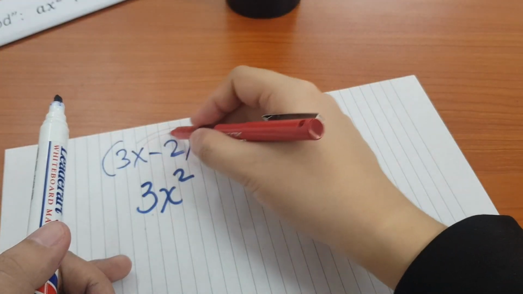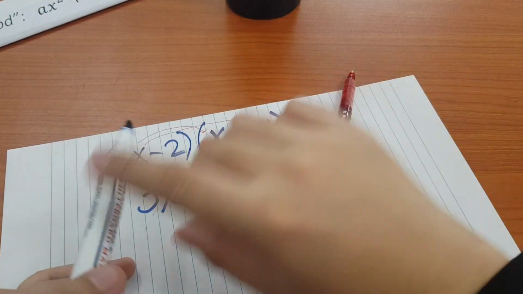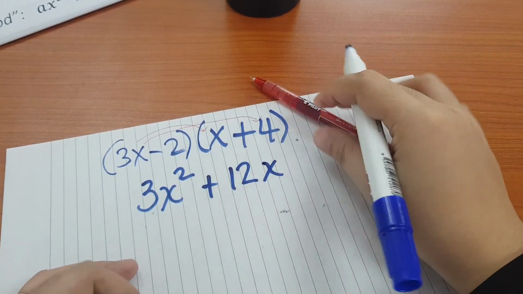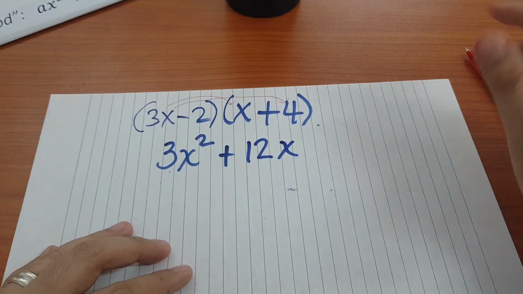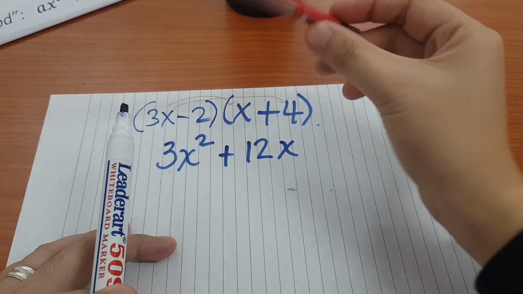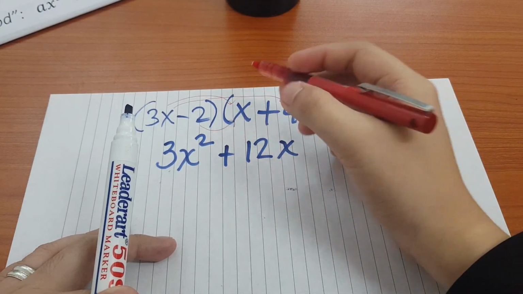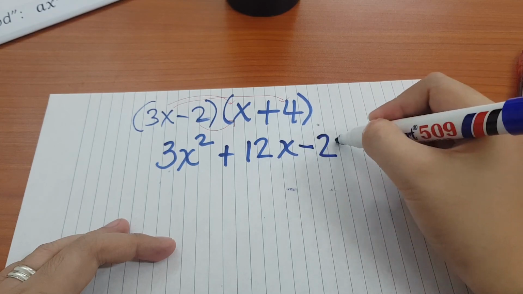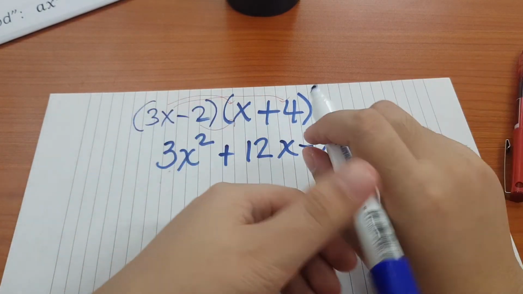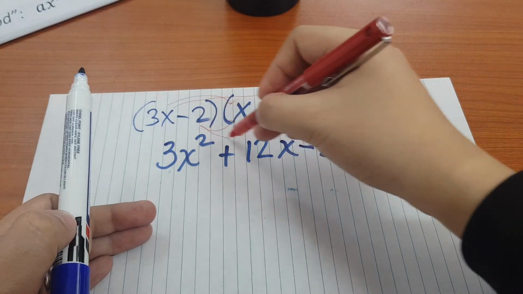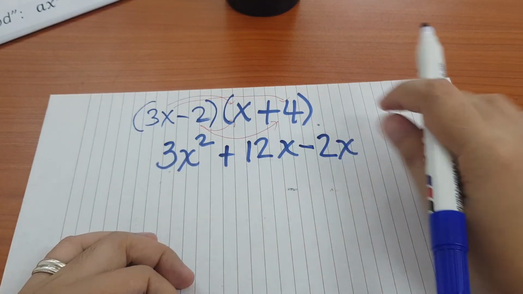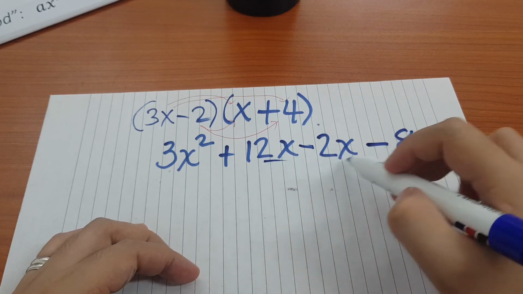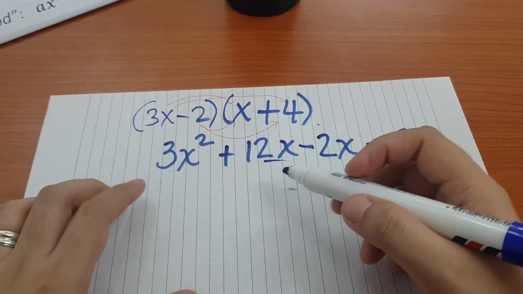This one and this, when you multiply, will give me 12x. Now, this and this is minus 2x. Minus 2 and 4, this is minus 8. I could still add these two because they are like terms and simplify.